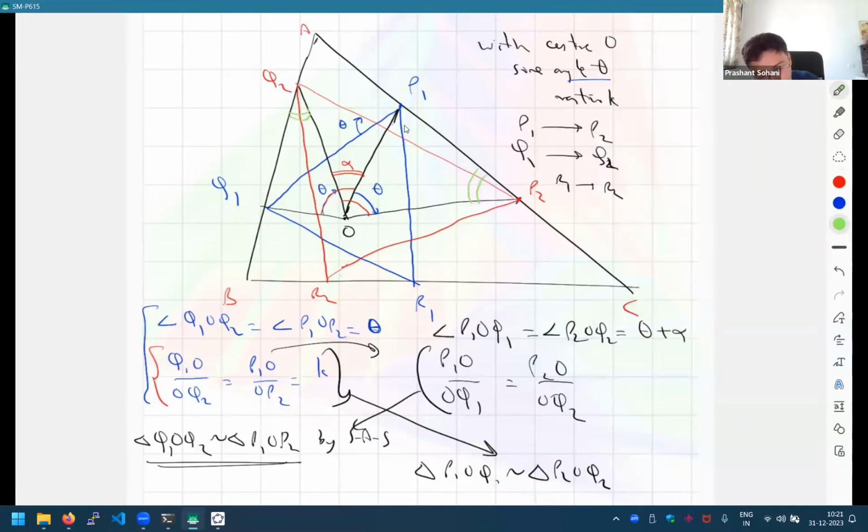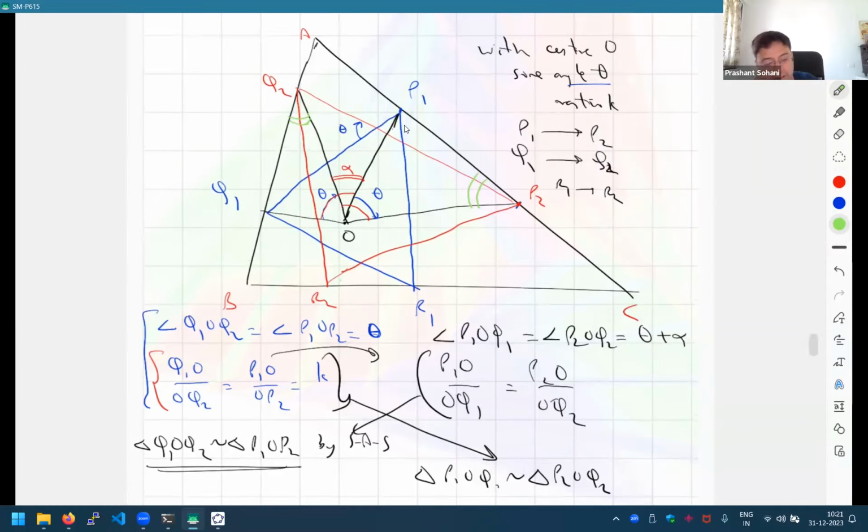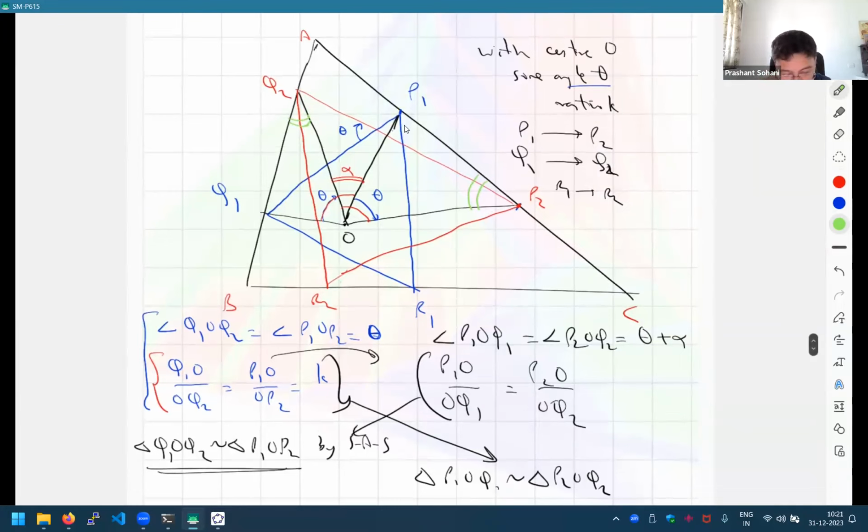Therefore, if you look at quadrilateral AQ2OP2, that is cyclic. Yes, correct. Similarly AQ1OP1 is cyclic. Yes, correct. So yes, continue.